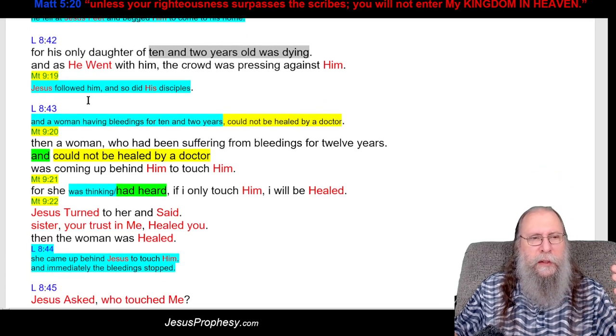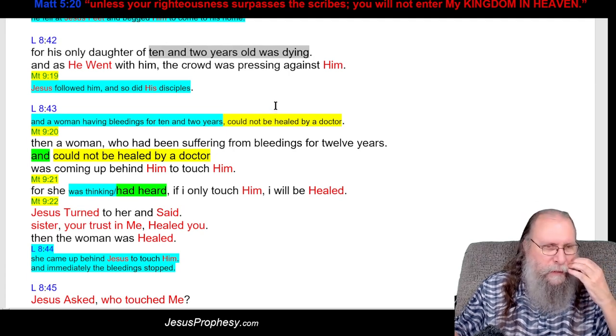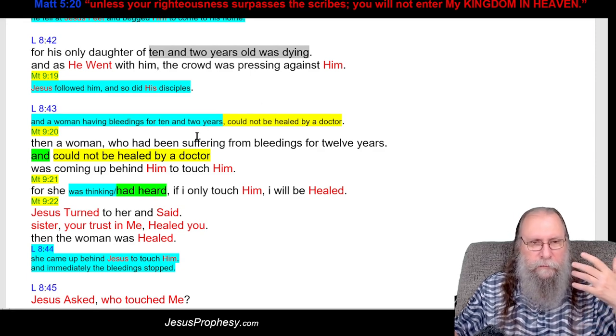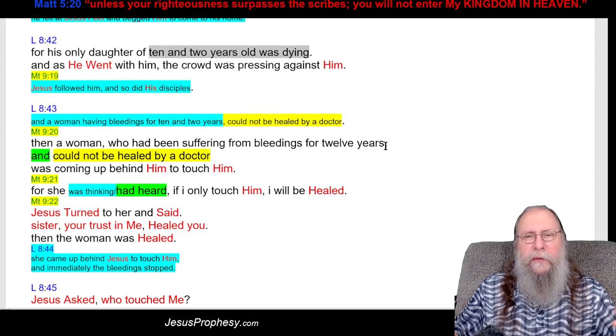Then this story is going to get split, that Jesus is going to do as he's leaving, he has a crowd follow him, and there's a woman who is suffering from bleedings for 12 years.